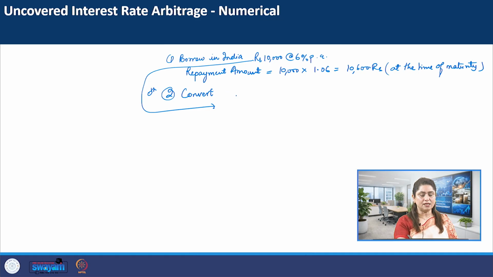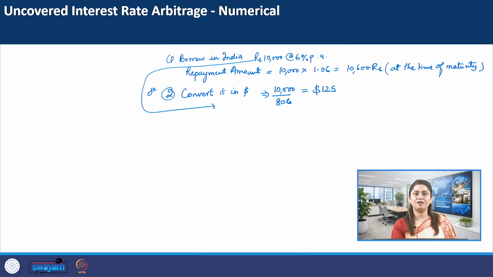For investing in USA, we have to convert it into dollars, and we will take the current rate. What was the current rate? Current rate was 80 rupees. So here we will take 10,000 divided by 80 rupees, and this gives us $125.